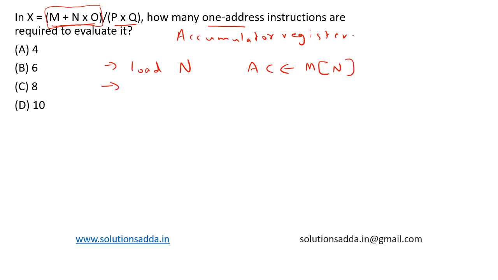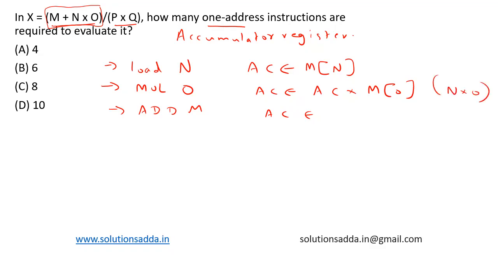Now we multiply it with O, that is, the accumulator value will be multiplied with the memory location of O. Now we add M. So inside the accumulator the current value will be the multiplication result, n into O. This will be added with the memory location of M. Now we need to save this value. So we store the result as T. So to the memory location T, we are storing the value of the accumulator.